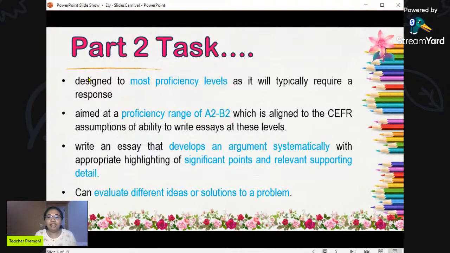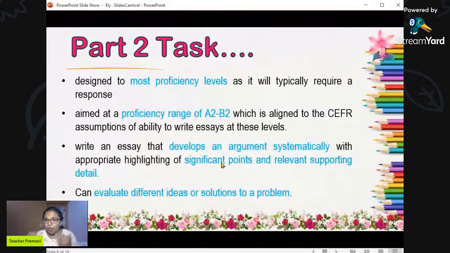Next, this question is aimed around A2 to B2 level. So my advice for lower proficiency students is to write according to what you can. But if you can put in a little attempt to use some better words, try it out. That's why you need practice. And then the part two essay is actually about writing an essay that develops an argument systematically.